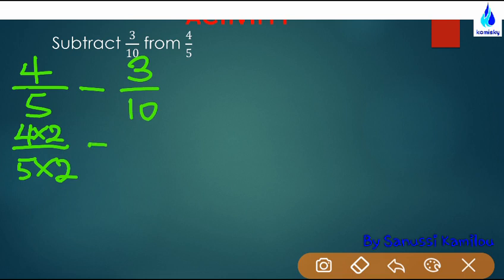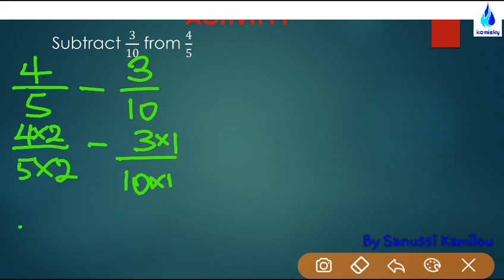Then you continue to the other side. So what do you do for 10 to remain 10? Since 10 is already there, when we multiply by 1, we will still get 10. So we multiply the top also by 1. You can even leave it without multiplying, because any number multiplied by 1 gives you the same.